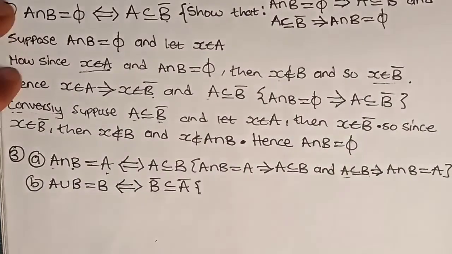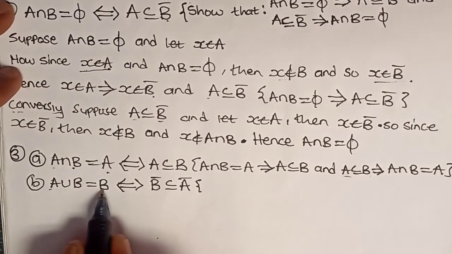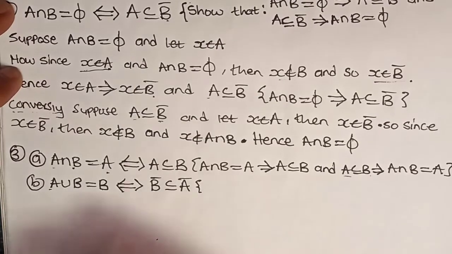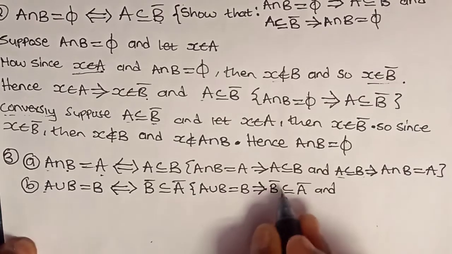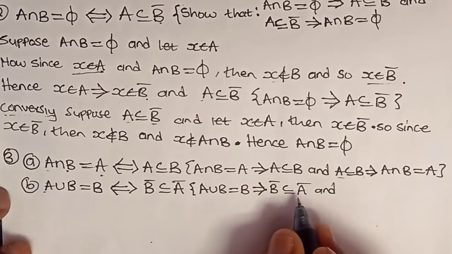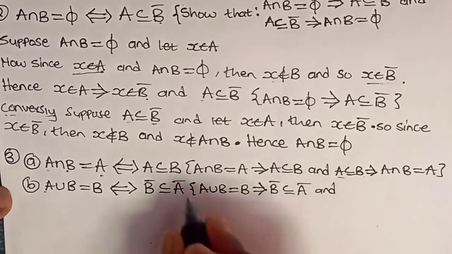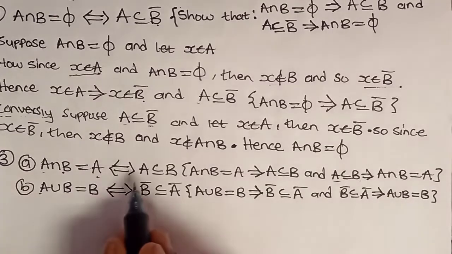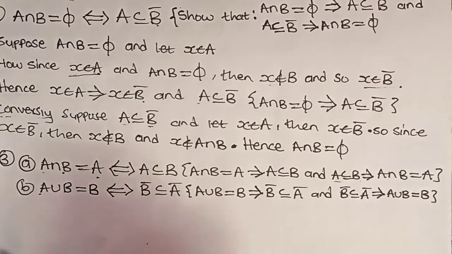We also have A union B is the same as B if and only if B complement is a subset of A complement. Meaning, if A union B is the same as B, then B complement is a subset of A complement. And also, if B complement is a subset of A complement, then A union B is the same as B. And also note that A is a subset of B if and only if B complement is a subset of A complement.